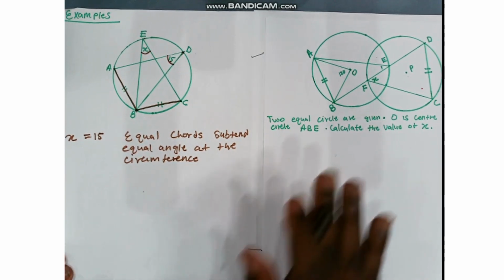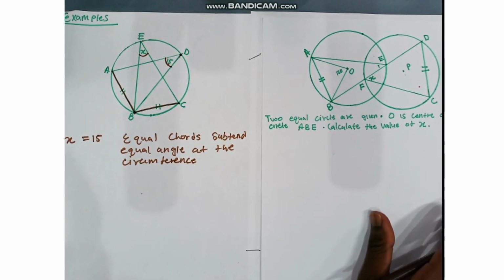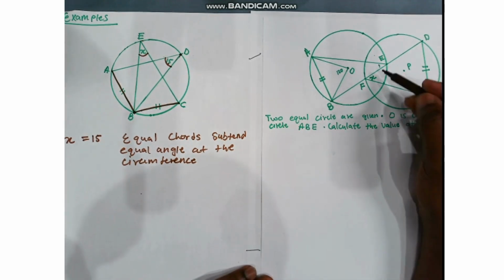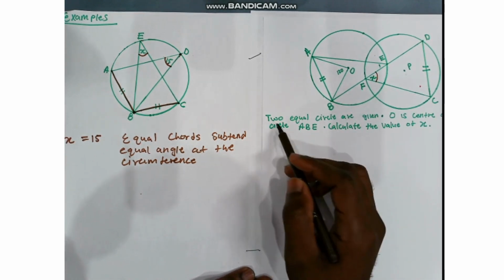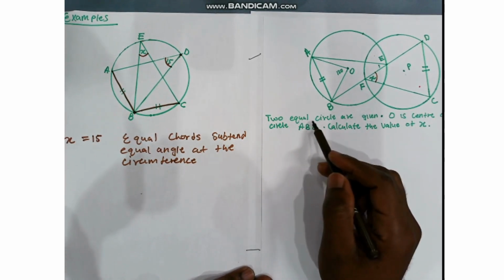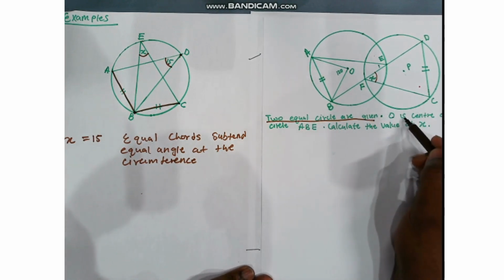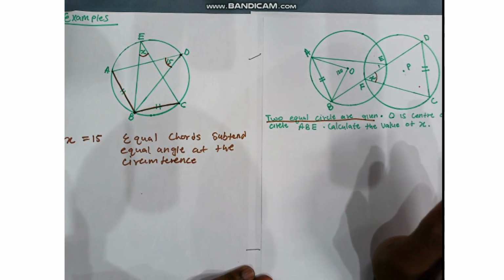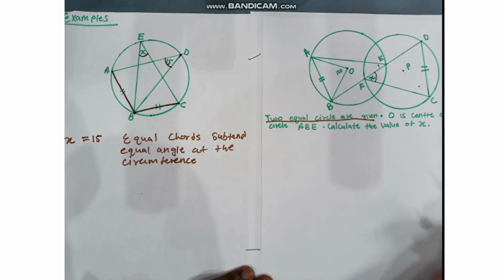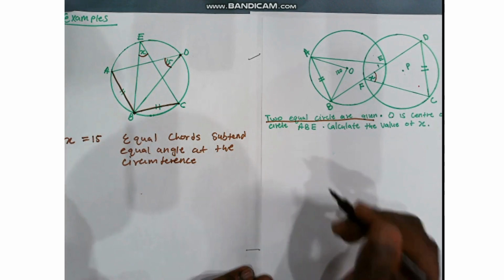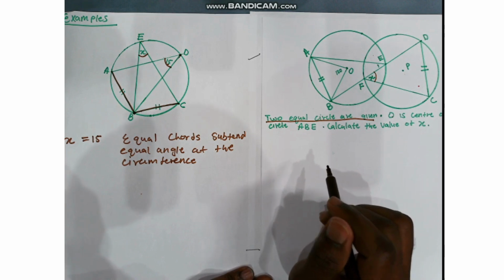Then coming to this one now, they want this x. Two equal circles. O is a center. Now when O is a center, guys, from theorem number 1, you must make sure there are some radii there.